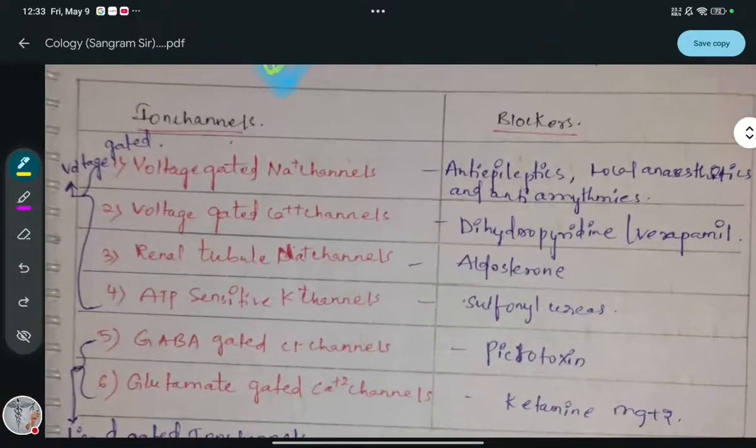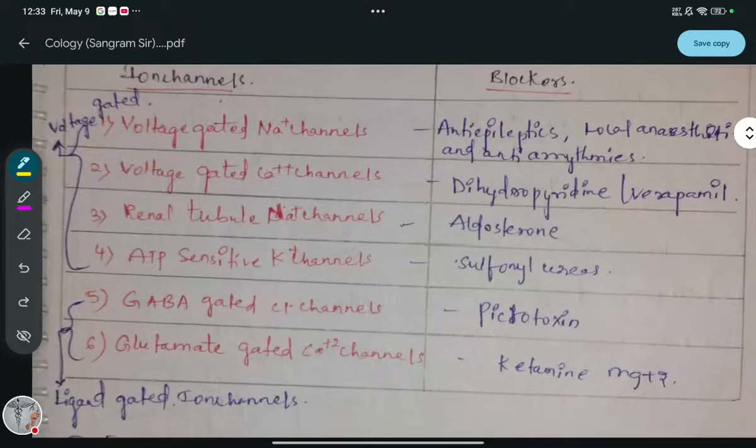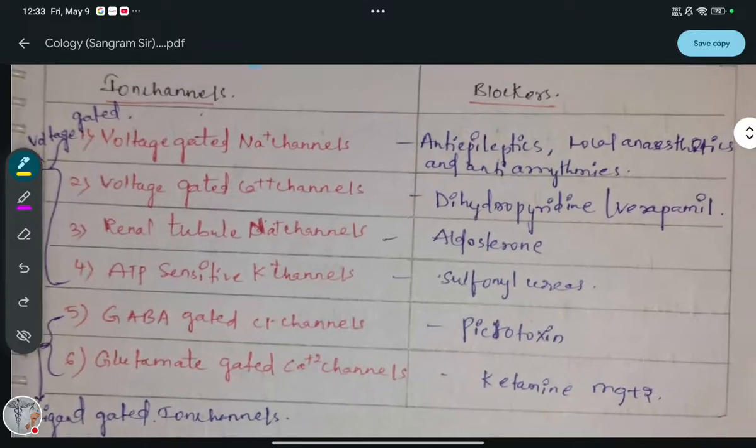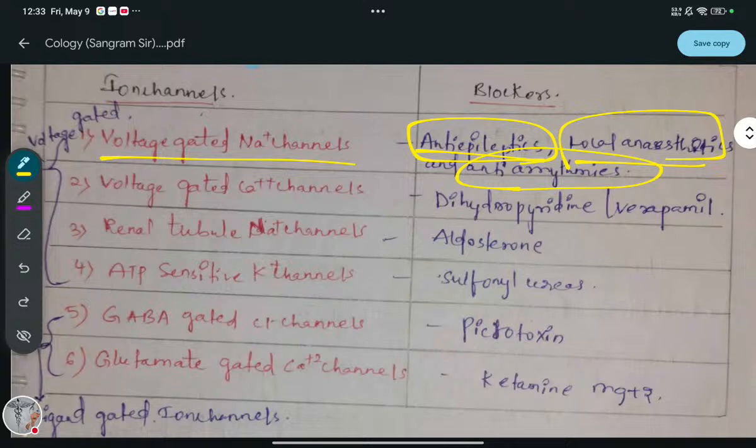So see here what the ion channels are and what their blockers are. For example, voltage gated sodium channels are blocked mainly by anti-epileptic drugs, local anesthetics and anti-arrhythmic drugs.